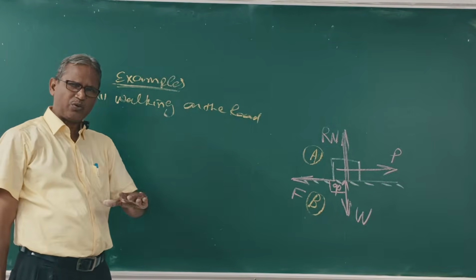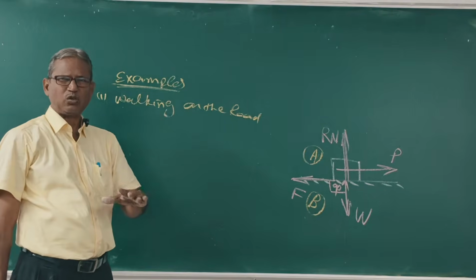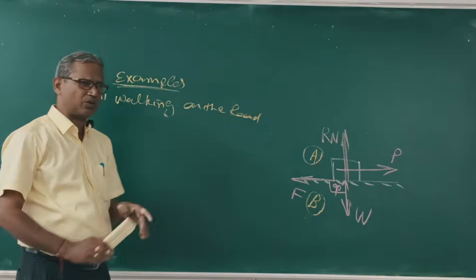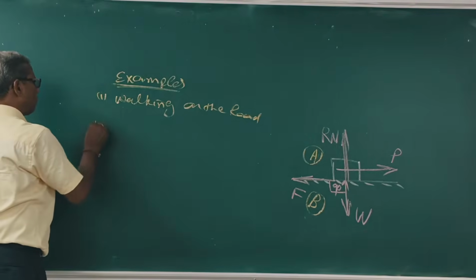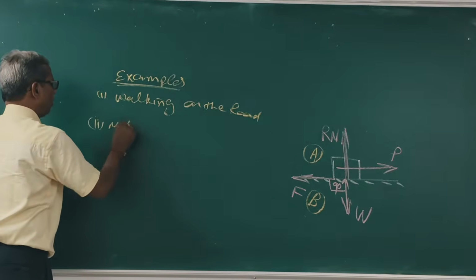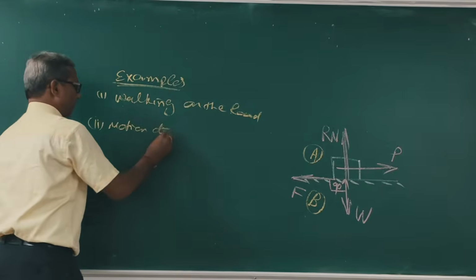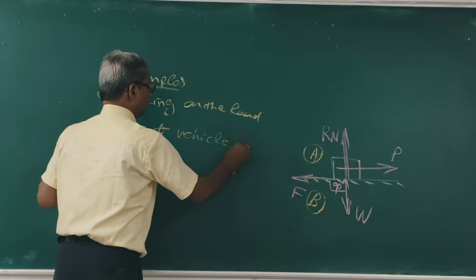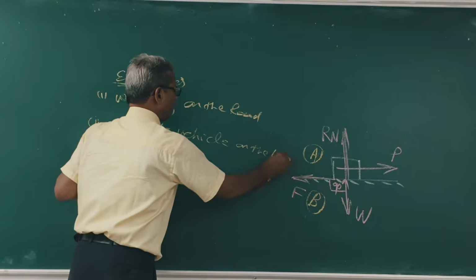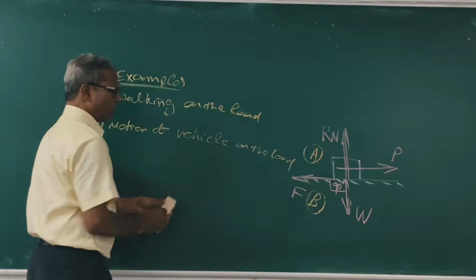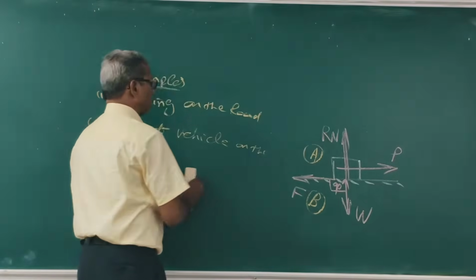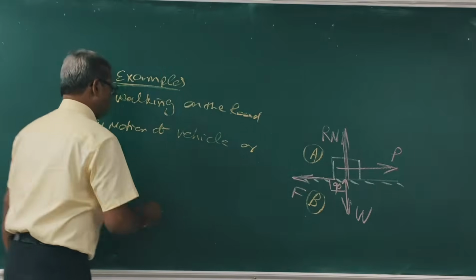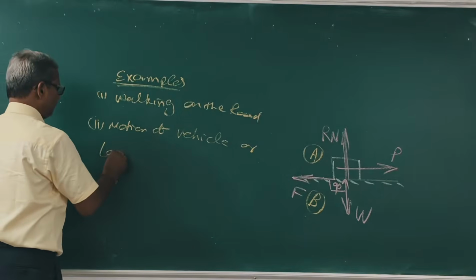If the road is rough, we can walk comfortably. So walking on the road is one example of friction. Number two, motion of a vehicle or locomotive on the road.